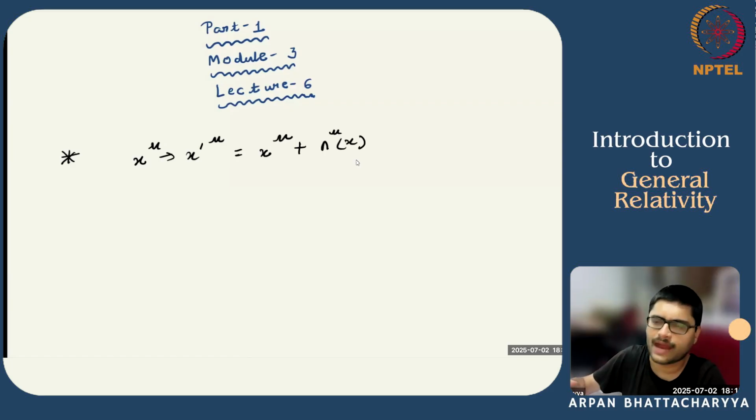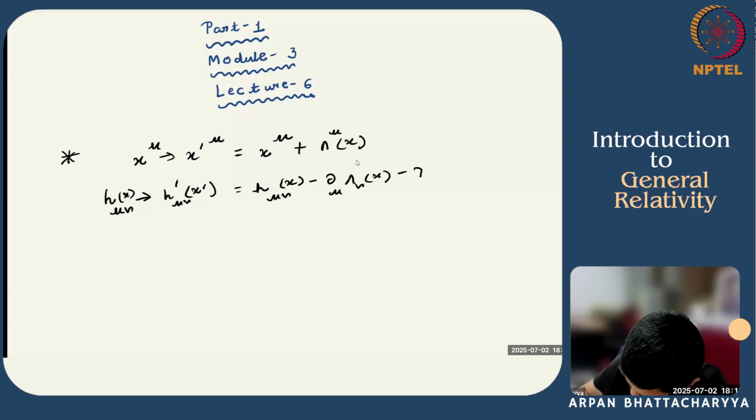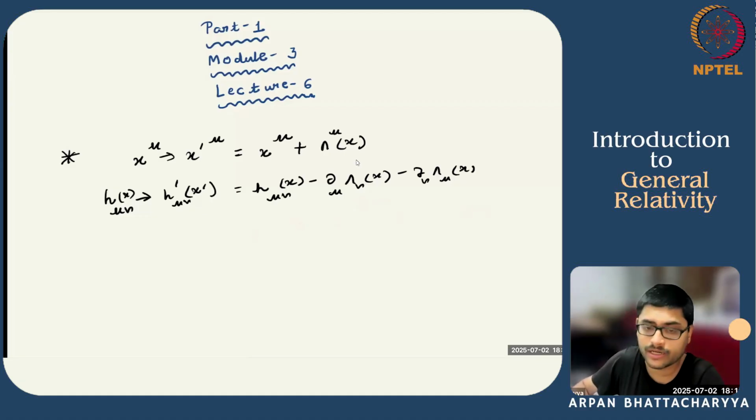So this capital lambda mu nu provides the fourth set of arbitrary functions, and h mu nu goes to h prime. Also the h is transformed by this equation, and remember this is the same 4-vector lambda, lower the indices on.